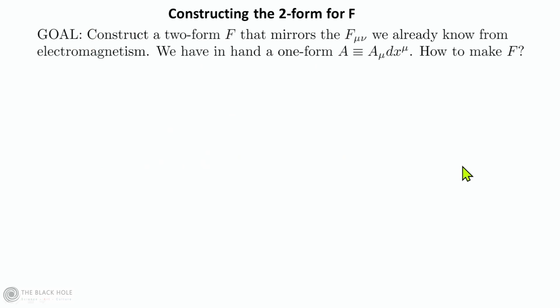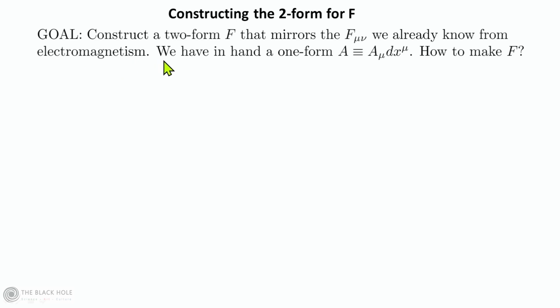In a gauge theory, we have the tensor F_μν, and we're used to it from electromagnetism, where F_μν is equal to ∂_μ A_ν minus ∂_ν A_μ. And what we want to do is construct a 2-form that mirrors the F_μν that we already know from electromagnetism. And electromagnetism is a very simple theory because it is an abelian theory.